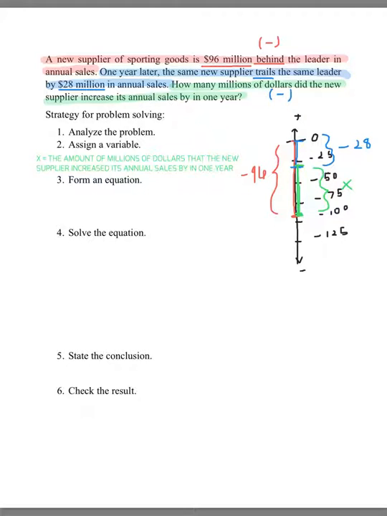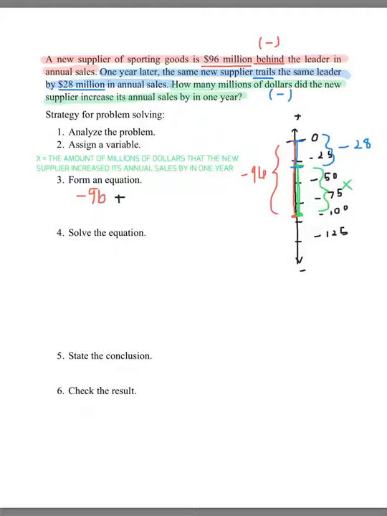So let's go ahead and create our equation. So again, we're going to start off with negative 96. That's what the original quantity was when he was behind the leader in annual sales. Negative 96 million. And what we know is that the sporting goods store or supplier, it made an increase in sales.